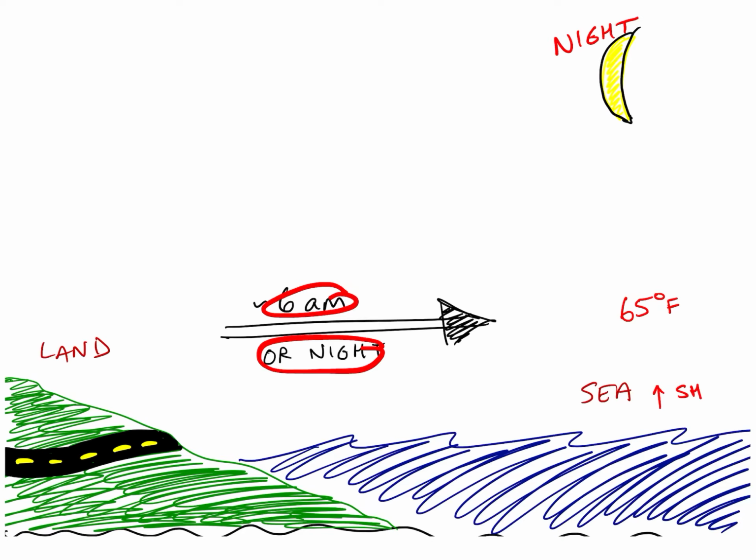It takes a long time to change temperature, so it's going to stay roughly the same. Land is going to change quite a bit. Land is going to cool all the way down, let's say, to 55 degrees Fahrenheit. They change their temperature super, super fast because they have that low specific heat.